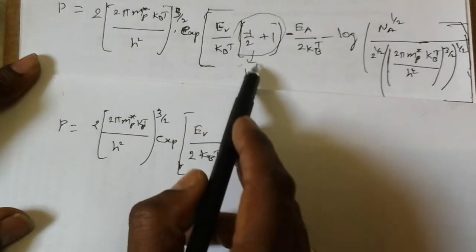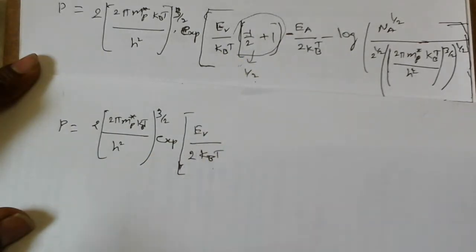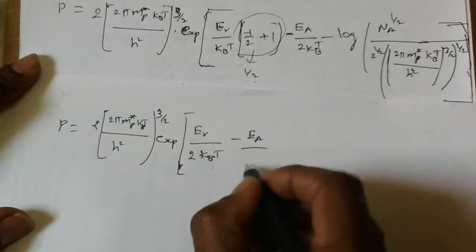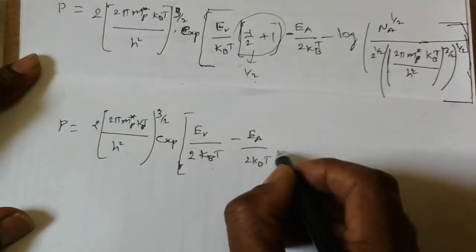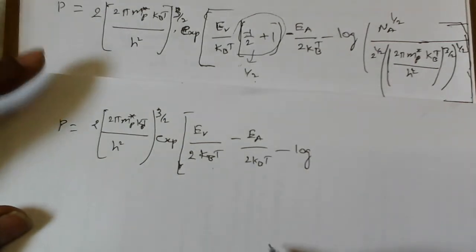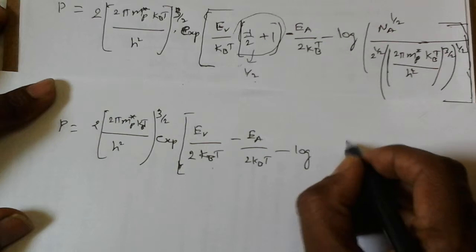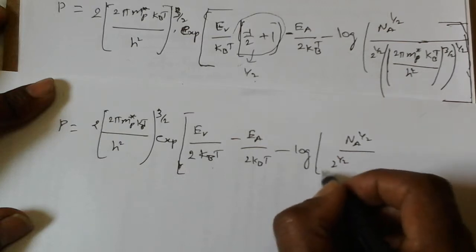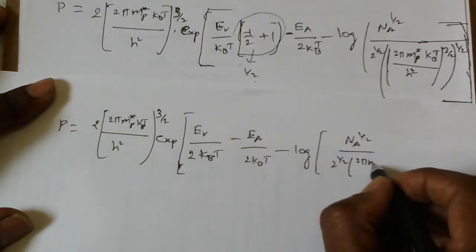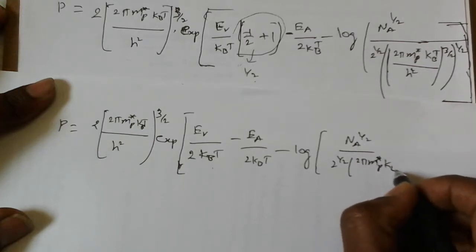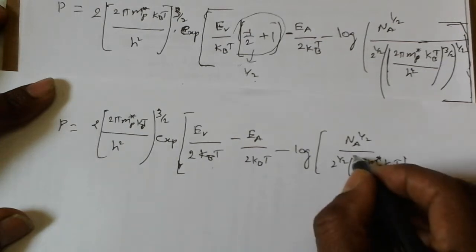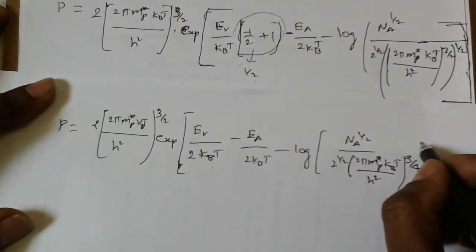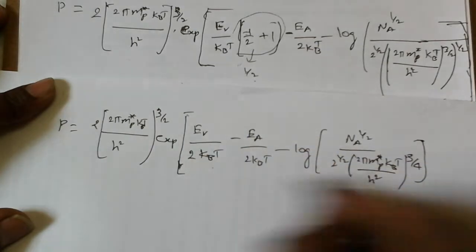So 1 by 2 into this one: E_V by 2 k_B T minus E_A by 2 k_B T minus of log N_A power 1 by 2, 2 power 1 by 2, 2 pi m_p star k_B T by h square. 3 by 2 into 1 by 2 is 3 by 4. This entire value, bracket close.